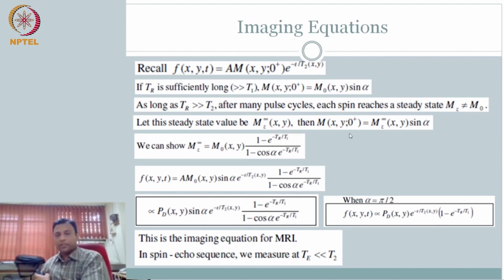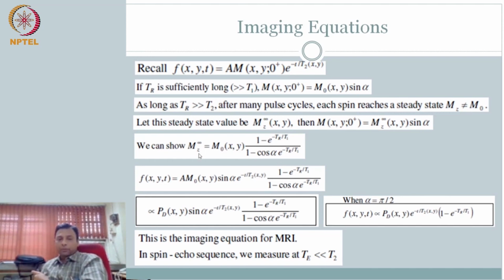Once we can show that this Mz is essentially your equilibrium value with some attenuation. The attenuation has to do with the number of times you are repeating and how long you wait, which will dictate your T1. So T1 is a property of the tissue, and how long you wait, your TR, this relative TR to T1, is going to determine some fraction of your equilibrium value.